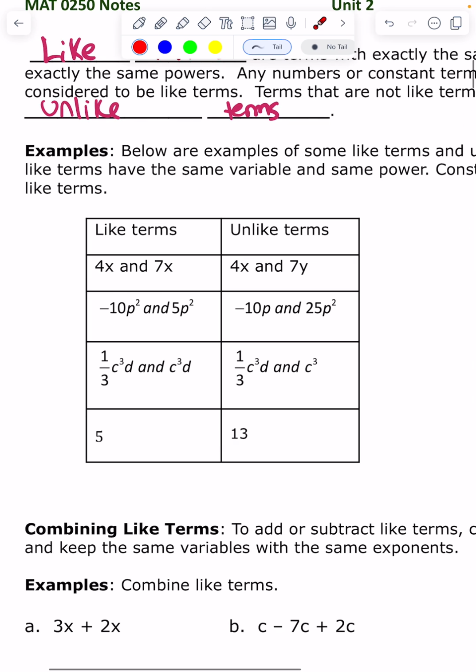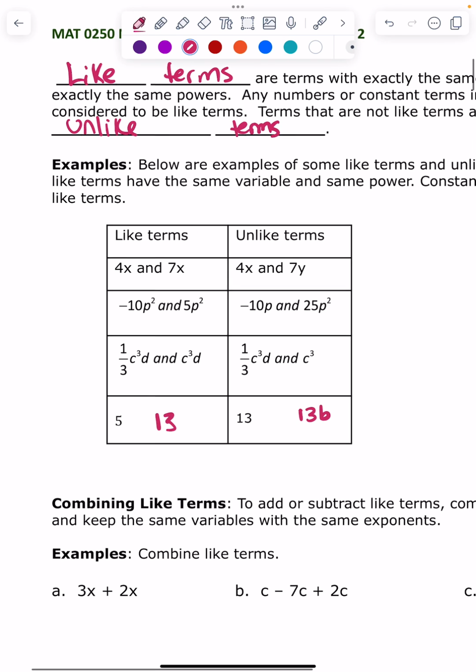And 5 doesn't have anything with it, but 5 and 13 can be like terms, but something like 13 and 13b would not be like terms. So I'll have to make sure I fix that in the notes.